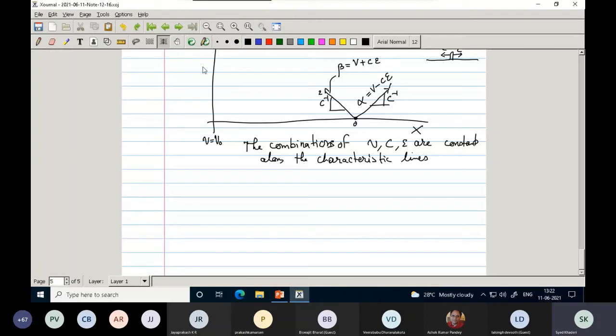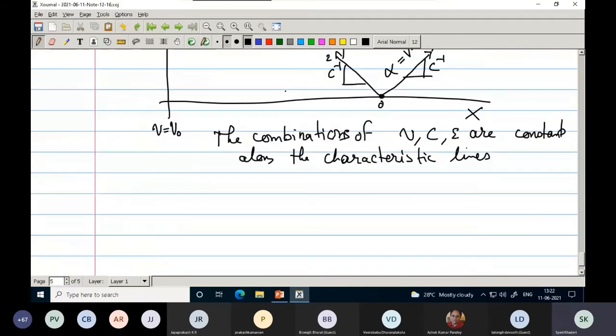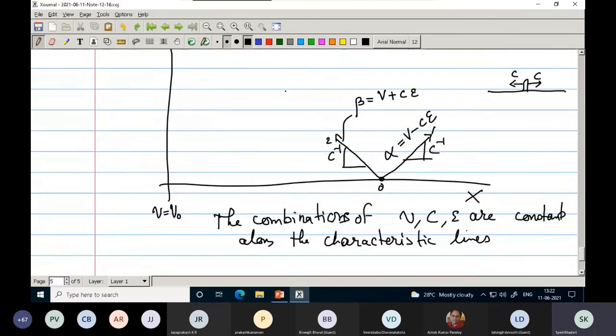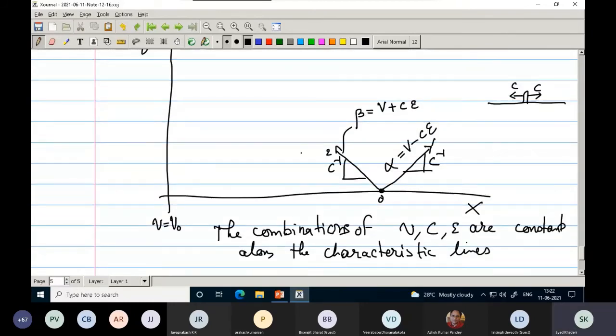Fine, let us take one example now. So let's say I want to find the velocity and strain at this particular point.